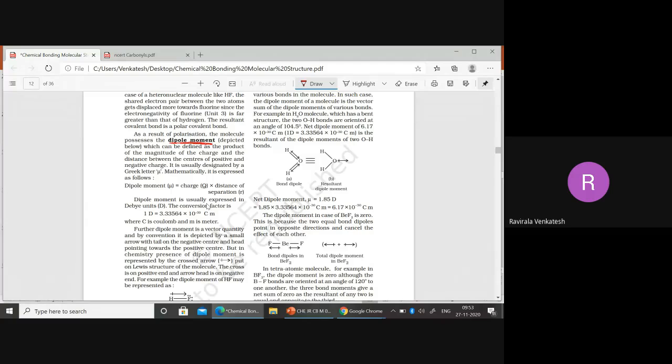The product of the magnitude of the charge and the distance between the two centers of the positive and negative charge is called dipole moment. Very hard to understand here if you read like this. But if you make a definition by using a formula like this: dipole moment, charge into distance between the positive and negative charge.